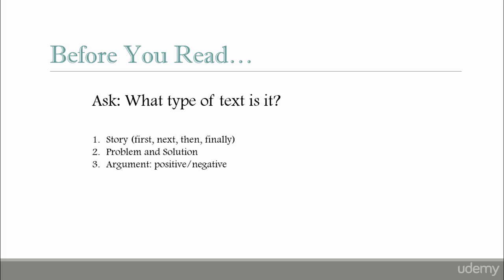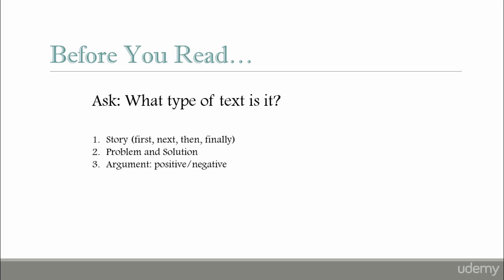Also, before you read, ask what type of text it is. It could be a story. That's when it progresses from first this happened, next that happened, then something else happened, and finally the ending happened. Or it could be a problem and solution, a passage that describes a problem and then describes the solution to the problem.